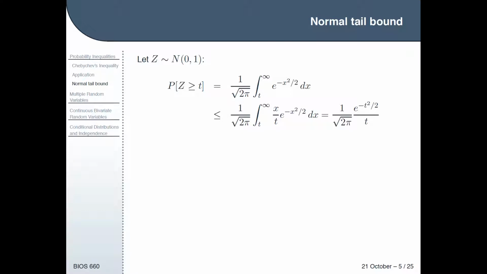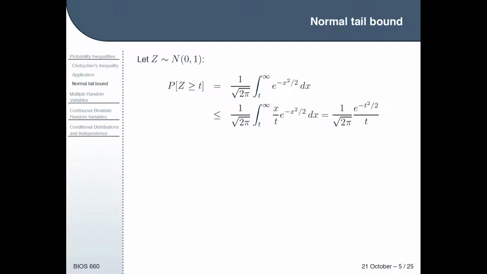which, if we're integrating from t to infinity, then within that range x is going to be greater than or equal to t, so x over t is going to be greater than or equal to 1.